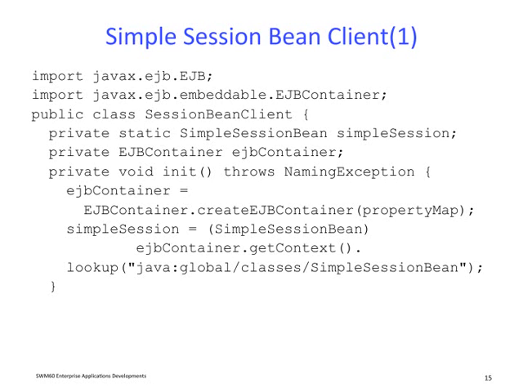So simple session is the object that we're going to have, and type is a simple session bean, and we need a reference to the container itself. So at initialization time, the container will be created, so call the create EJB container method on that EJB container class that we imported.